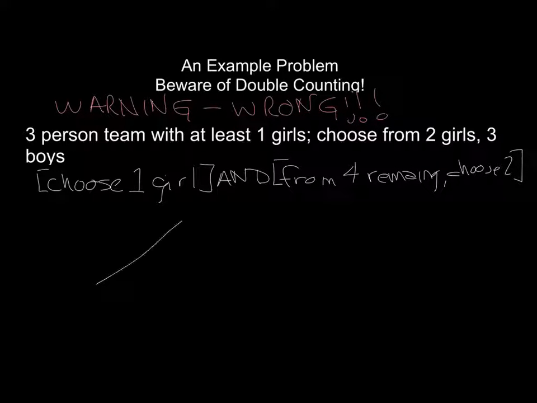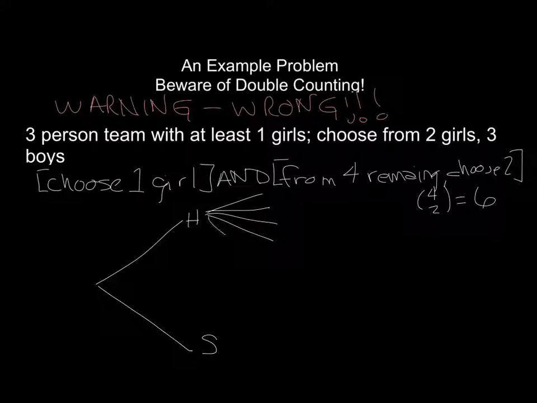Let's do a little diagram. Let's start with choosing one girl. Let's name our girls Helena and Sabrina. So we've chosen one girl from the 2. Now from the 4 remaining, choose 2. 4 choose 2 means there are 6 possible pairs of people.